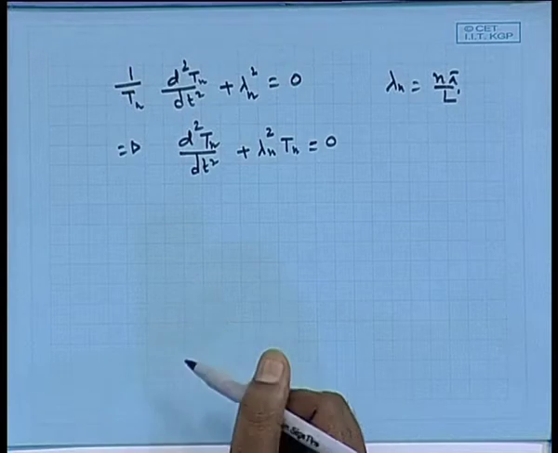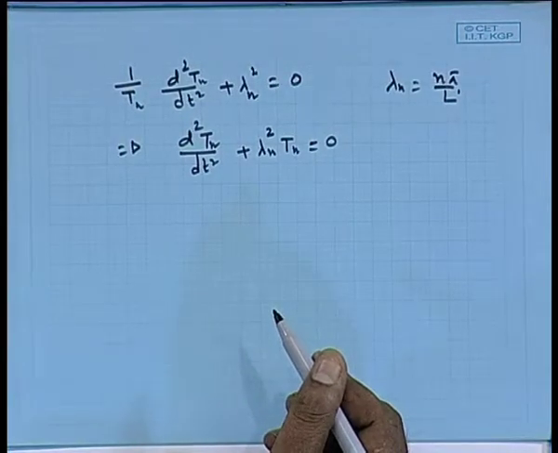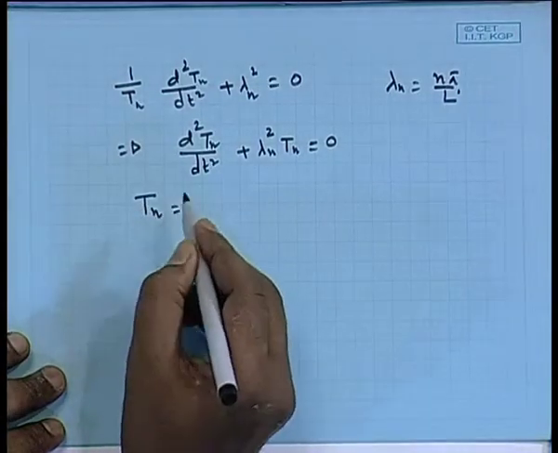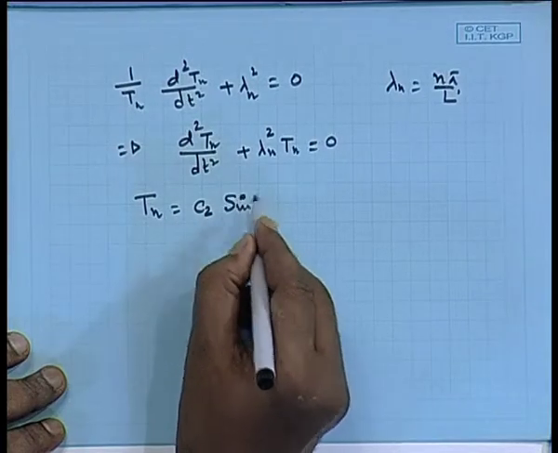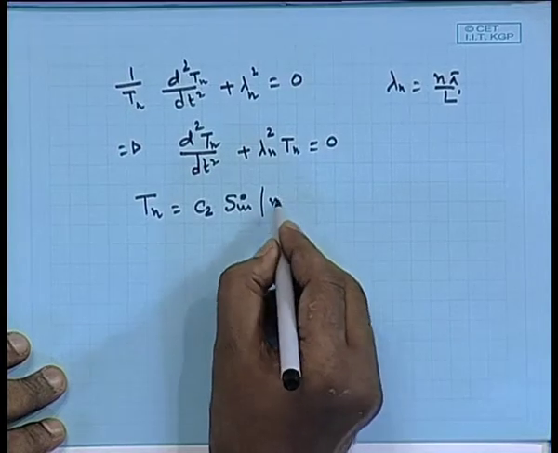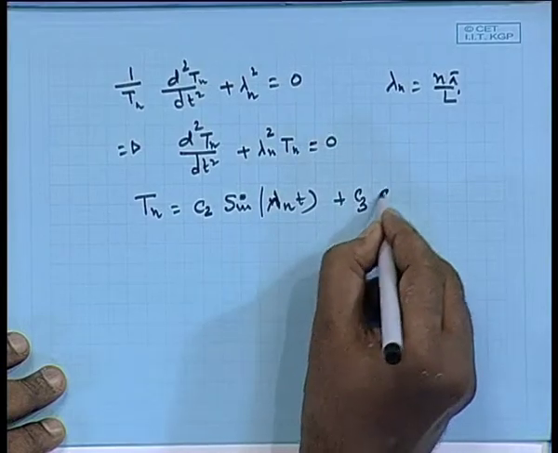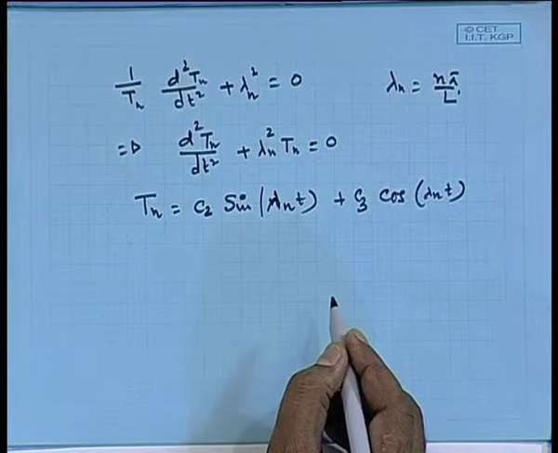So, again the solution will be composed of sine function and cosine function, right. So, T n will be, you already had C 1, let us say C 2 sine lambda n t plus C 3 cosine lambda n t, right.